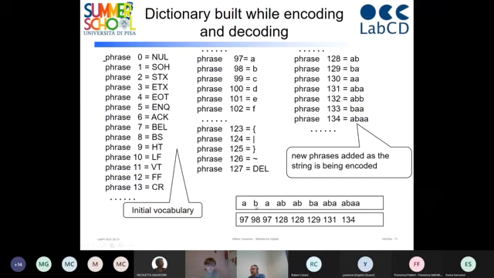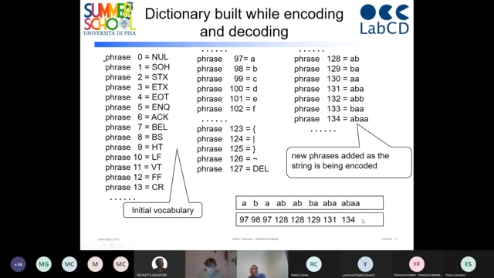And then finally it finds another one, which is ABA, and it puts this one in again. So what it's saying is that the output of the compressed string is no longer the string of characters, but the sequence of entries in the dictionary. So the output of the encoder is this sequence of numbers.